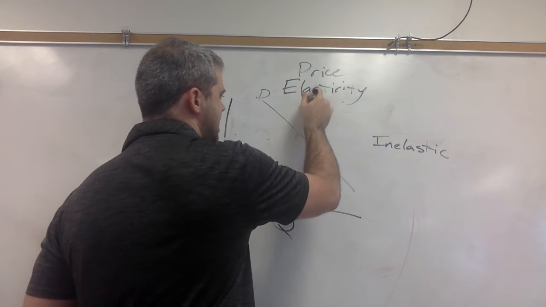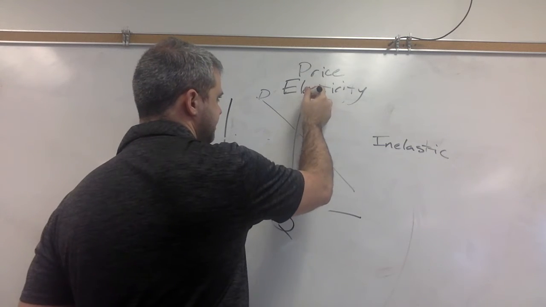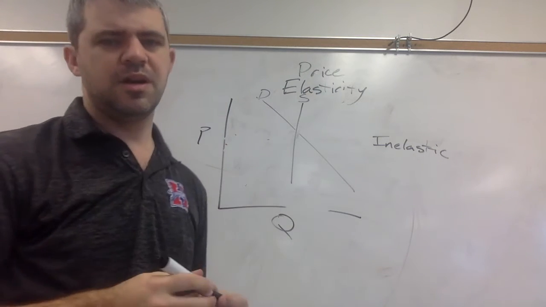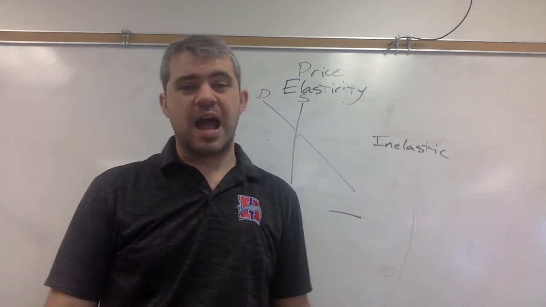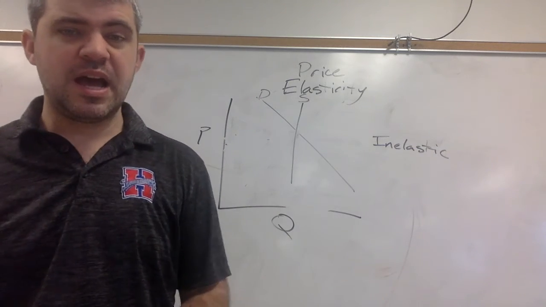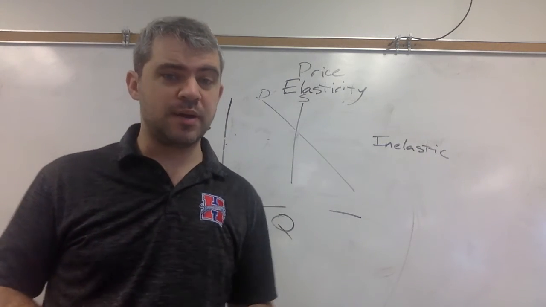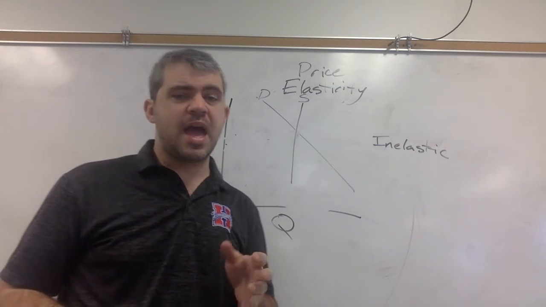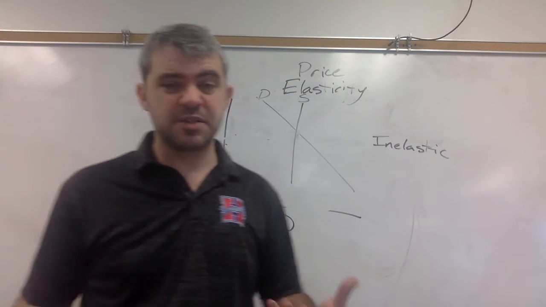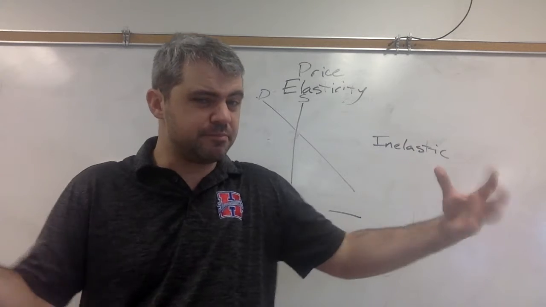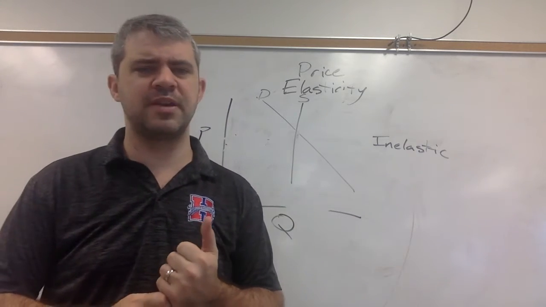So inelastic supply would be something where they can't really make more of it, at least not in the short run. Or something like a sporting event where there's only so many spots at the sporting event.